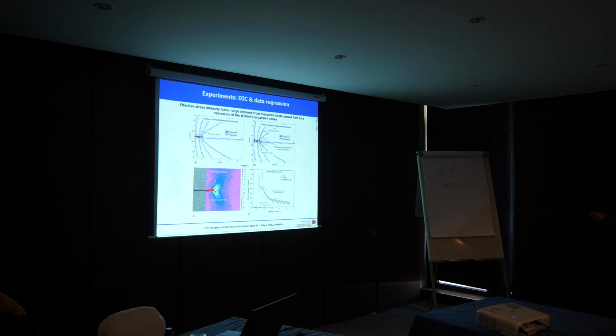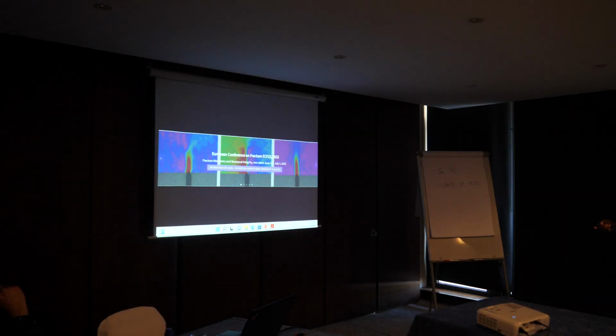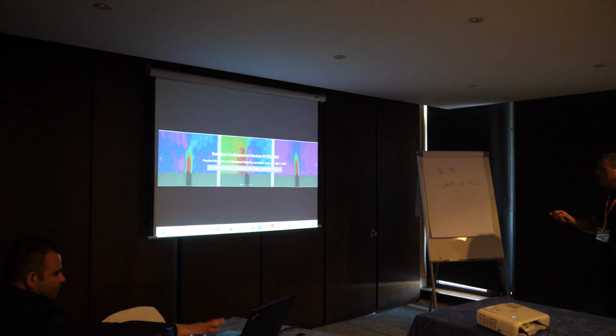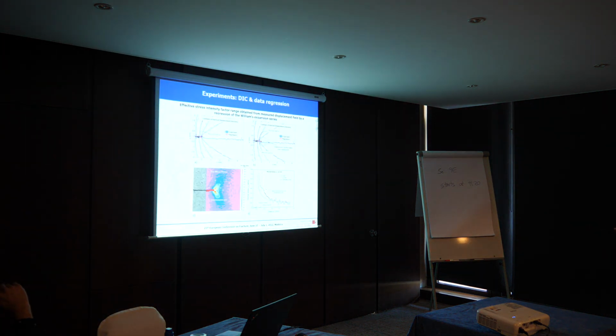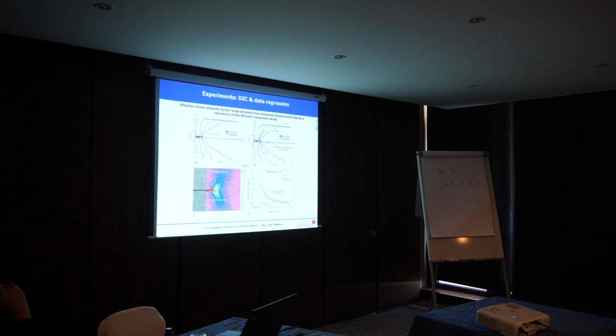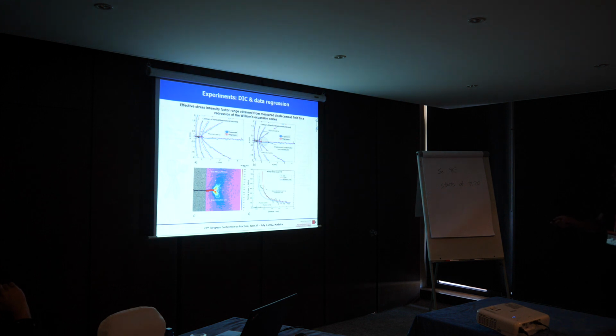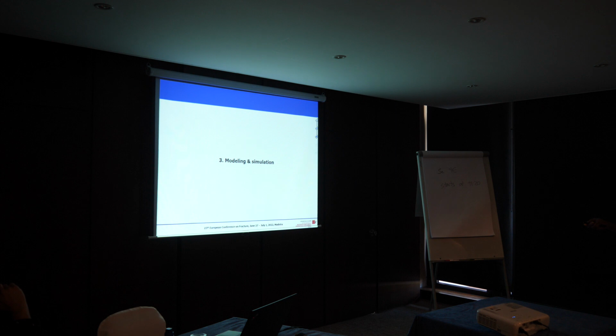We developed both linear and non-linear regression methods, and by this method we are able to capture both the stress-induced transformation phenomena as well as the full strain and stress distribution.